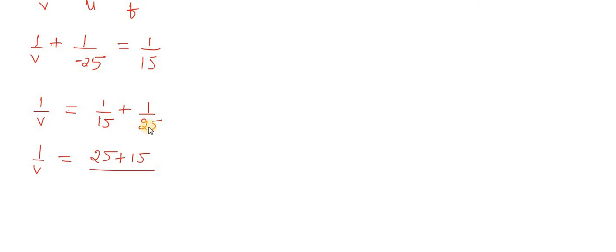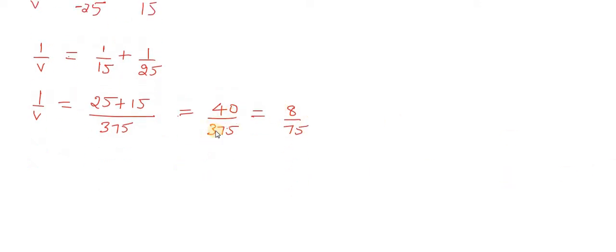It is 375. And 25 plus 15 is 40. So it is 40 divided by 375. If you simplify this, we get 8 over 75, since both numbers are divisible by 5.